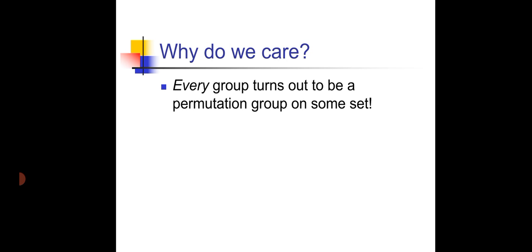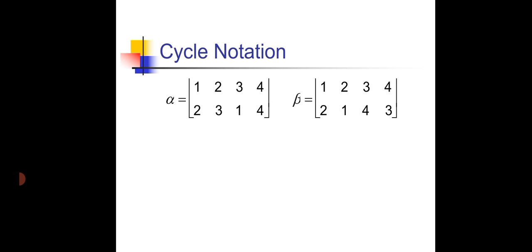So here is the summary of the results. Every group turns out to be a permutation group in some sense. Now cyclic notation. You can see alpha: 1 is mapped to 2, 2 to 3, 3 to 1. So we can denote it by (1 2 3). That is, 1 is mapped to 2, 2 to 3 and 3 is mapped to 1.